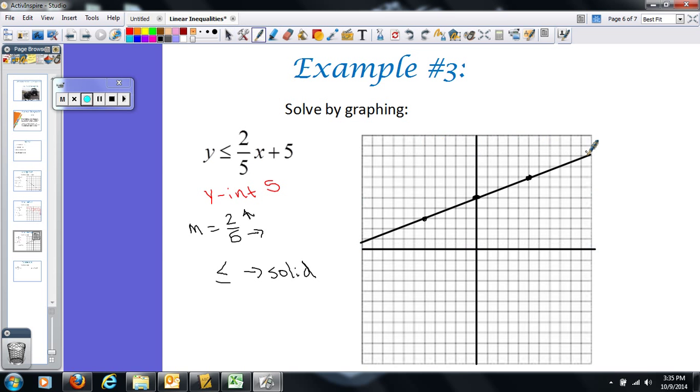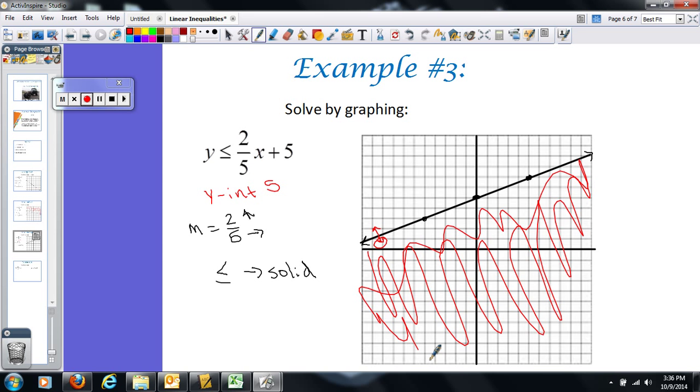Put my arrowheads on. Okay. So now we got the graph done. Again, we're going to do our perpendicular line test. And this is less than, so we want to shade below. So I'm going to shade this region right here. And there's our answer. Okay.